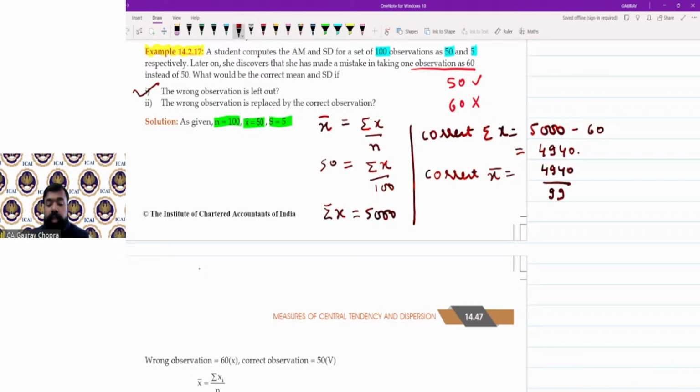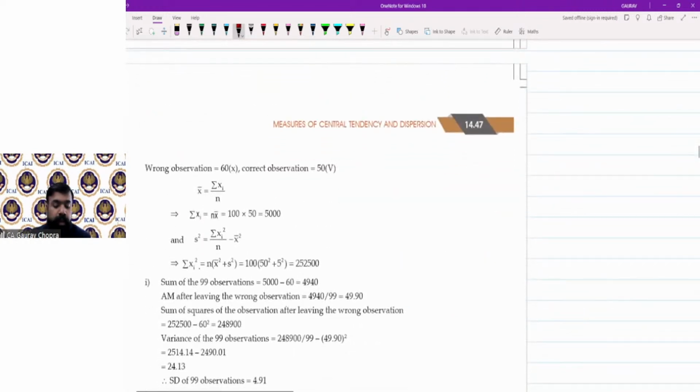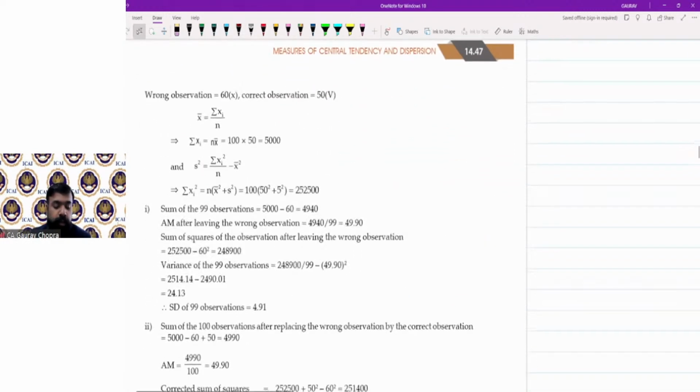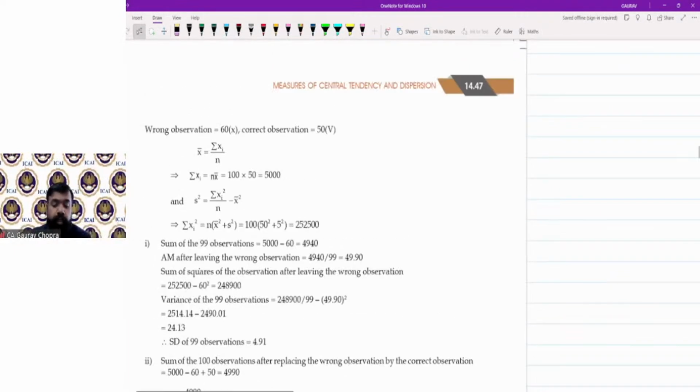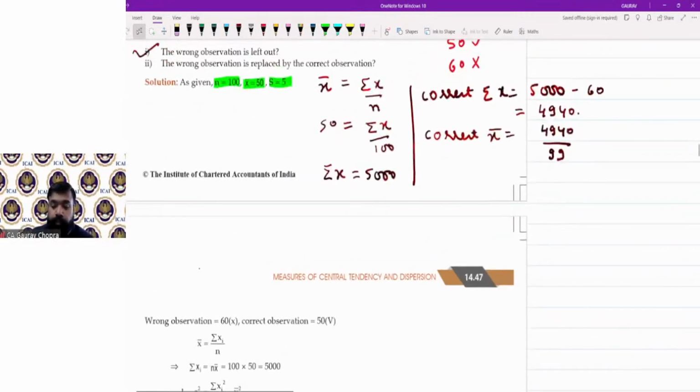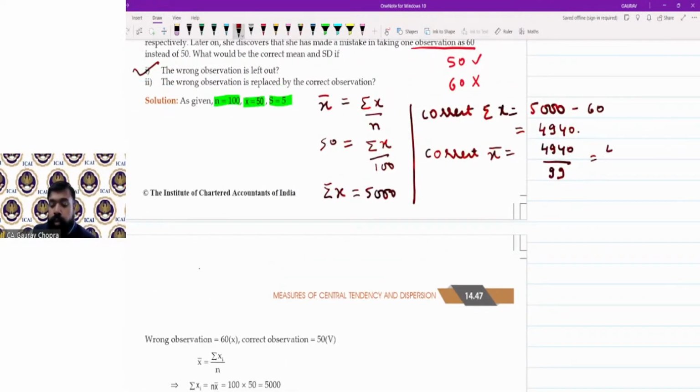Now you can check what is the result after dividing. So after dividing, you are getting how much? It is 49.90. This is the correct x bar.